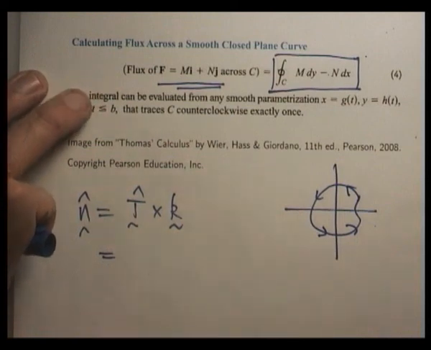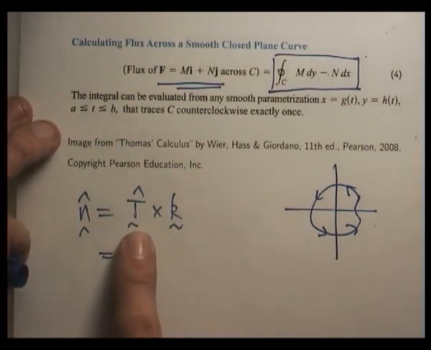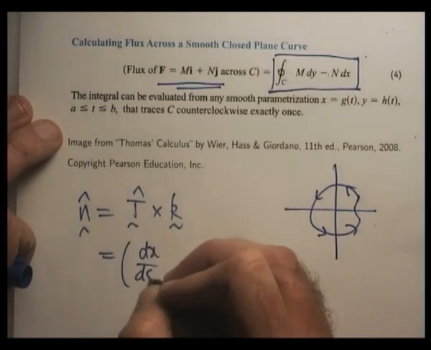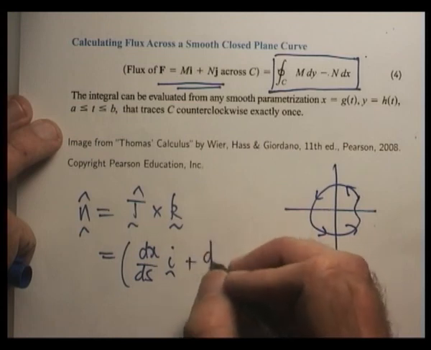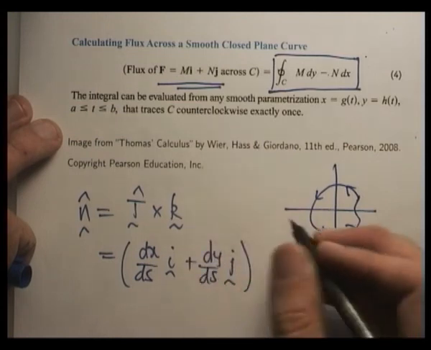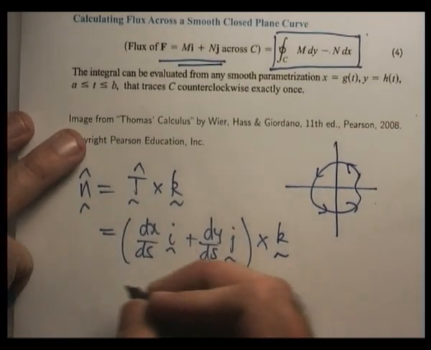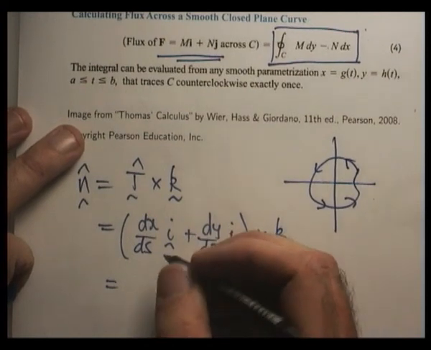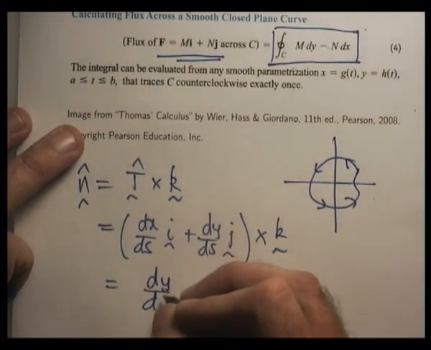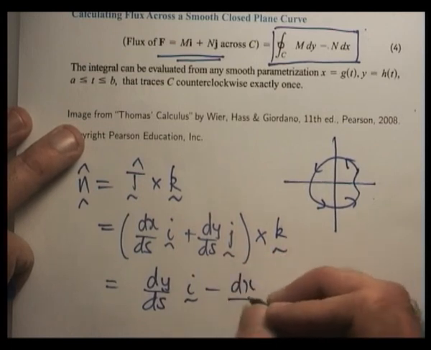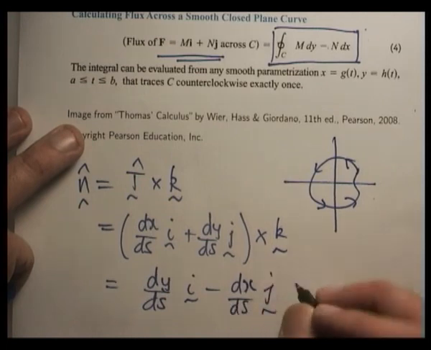Now, the unit tangent vector that points in the forward direction is just dx/ds i plus dy/ds j, all crossed with k. If I take this cross product, you should get the following. It's dy/ds i minus dx/ds j.